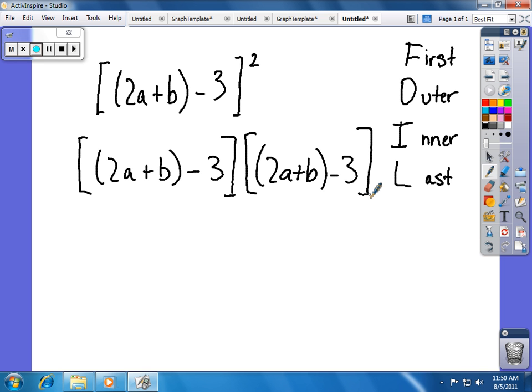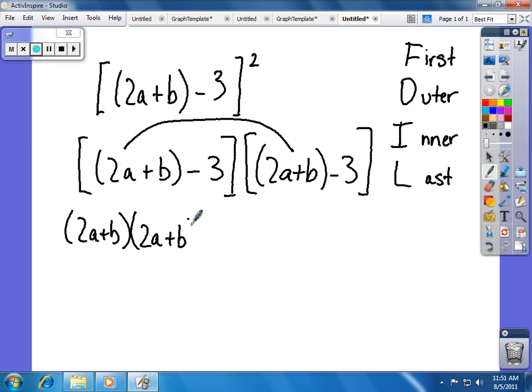So, with the first terms, this set of parentheses, this 2a plus b, that is your first term. So we're going to multiply that by that. So we've got 2a plus b times 2a plus b. I recommend just leaving that the way it is for now. So there's our first.